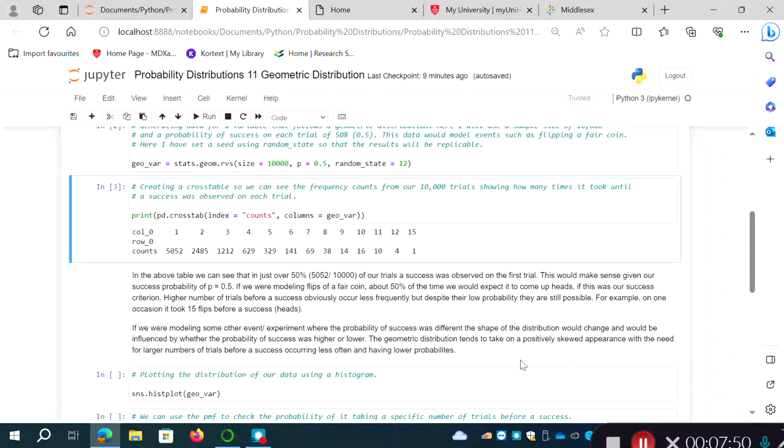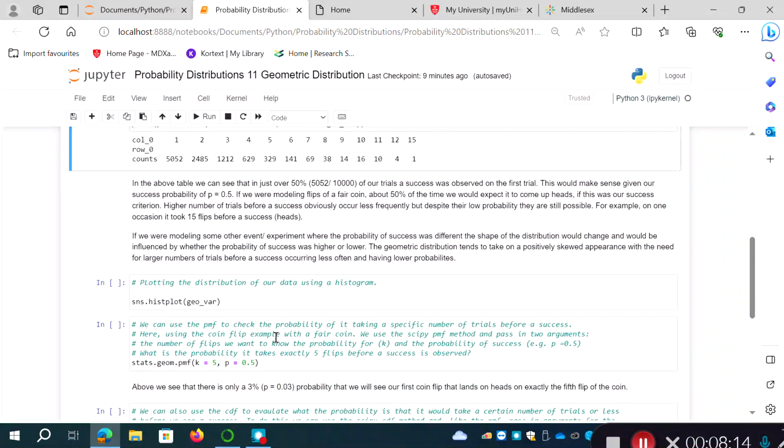When we change certain parameters, the shape of those distributions changes. And the geometric distribution tends to take on a positively skewed appearance, with the need for larger numbers of trials before we see a success. That will occur less often and have lower probabilities, as we can see in the counts in this data set.